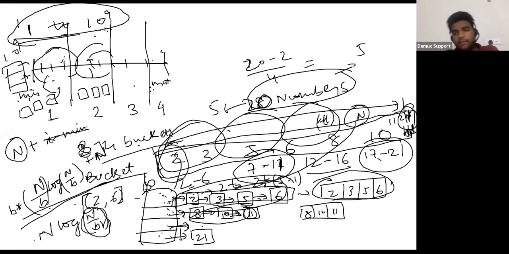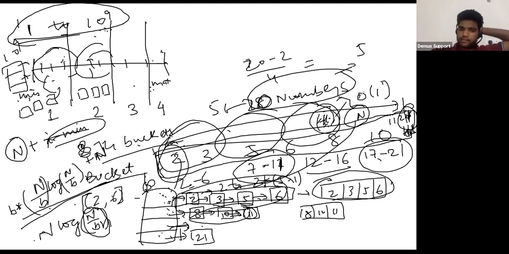Think about the mathematical formula. I will have to think, but you can determine in order 1 the bucket number to which you have to put a particular number, right? This is order 1 for sure. We can discuss this later on, how to find this, but I will also have to think.